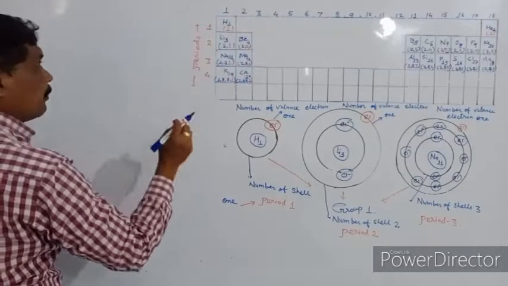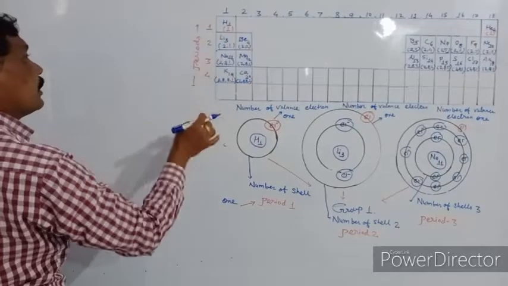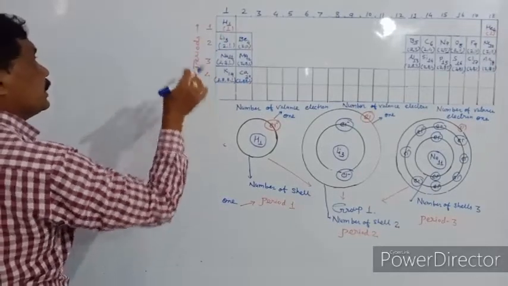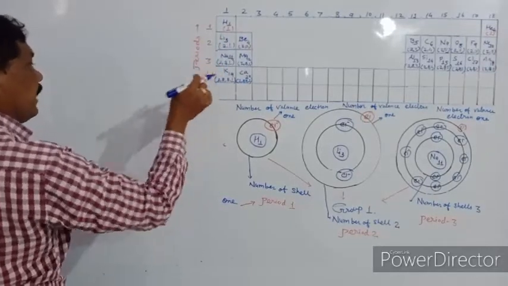The group number tells us about the number of electrons present in the outermost shell of an element.